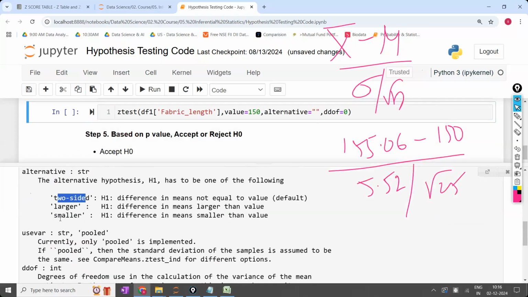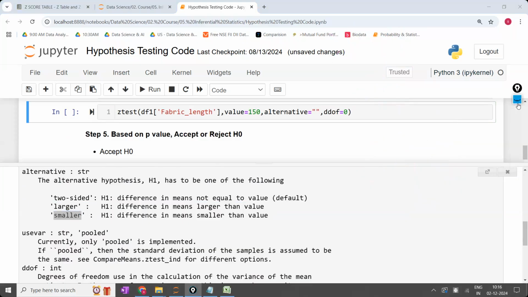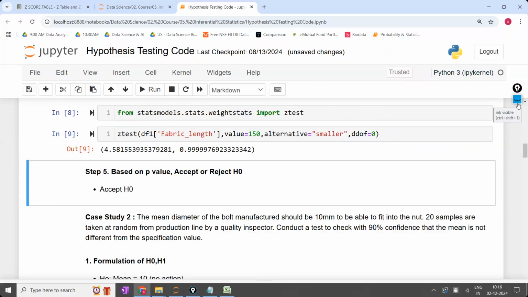Two-sided means a two tail test. Larger means a right tail test. Smaller means a left tail test. Now for me, is it left tail, right tail or two tail? It is a left tail. So what do I have to use here? Smaller. And DDOF is equal to 0. Once I have used this, it is going to calculate the p value and everything.